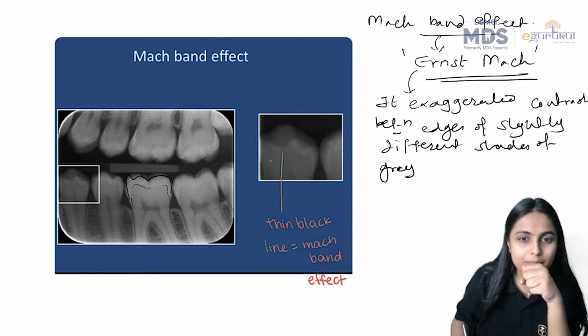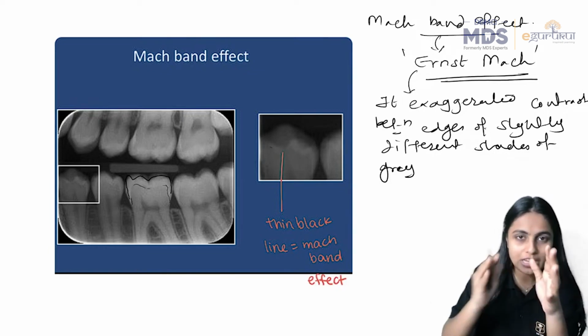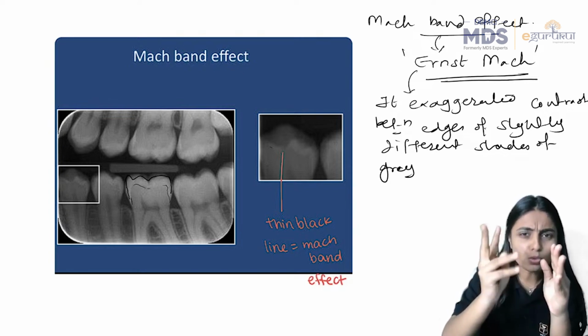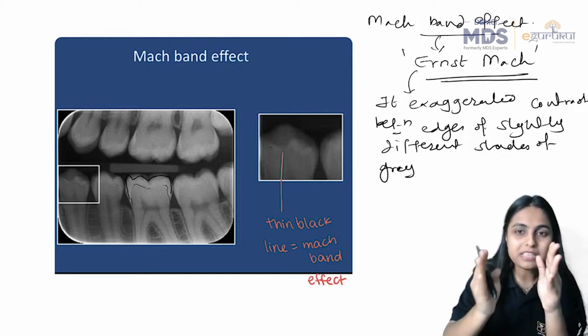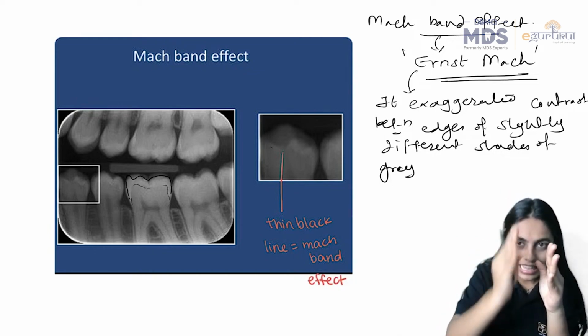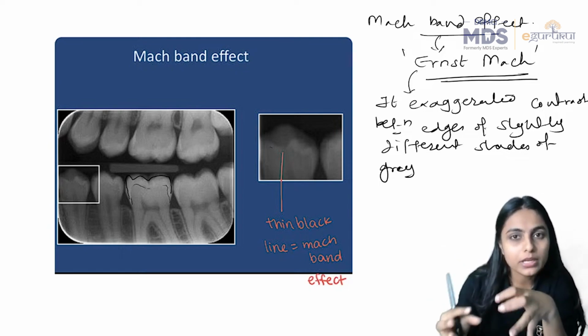So it represents the Mach band effect. This is what Mach band effect is. When you keep two shades of gray adjacent to each other, it will be seen as if one line is separating those shades. The same concept is applied here.